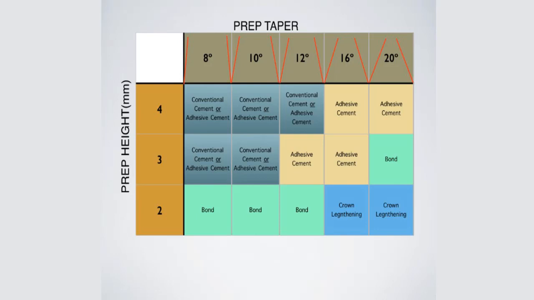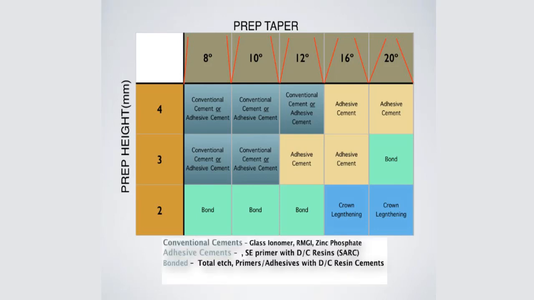So when we talk about the prep architecture, we have to understand that there are different types of preps. Our preps are becoming a lot more tapered. They're becoming shorter because we're doing a lot more of what I call redo dentistry, which means we're taking off old crowns and very, very large fillings. And so our crowns are becoming more tapered and much shorter than they were maybe 10, 15, 20 years ago.